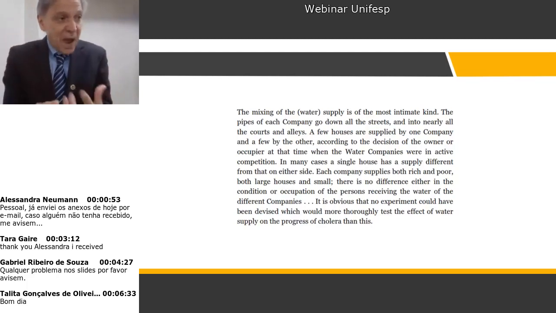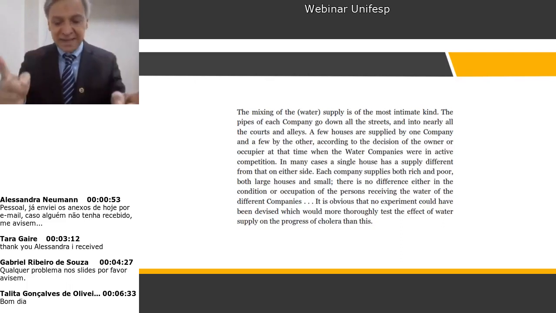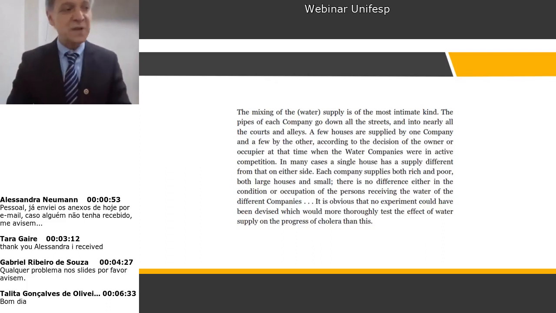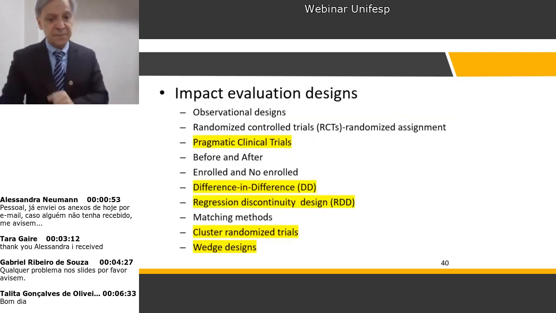So in the same household, they will have people with cholera, people without cholera. Okay, so that's what randomization does. He had it without randomization because it was a natural experiment, even though it was a cohort study. What he did was a retrospective cohort, by the way.